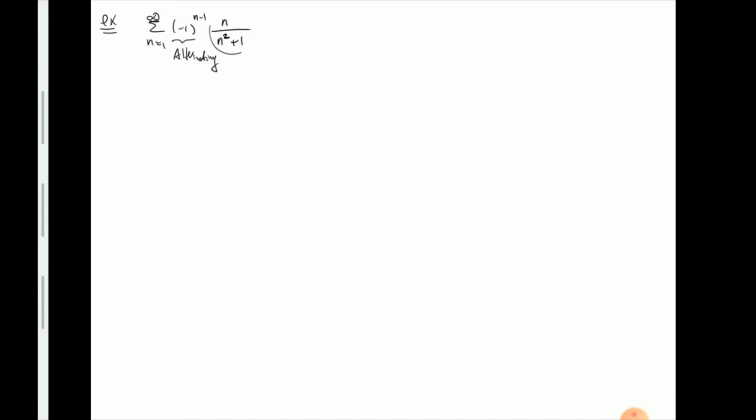I'm staring at this one, which is your bn, if you fit it with the generic way of writing an alternating series. And I notice the limit is going to be 0, right? So one of the conditions, that the limit of bn as n goes to infinity is 0, is clearly understood.